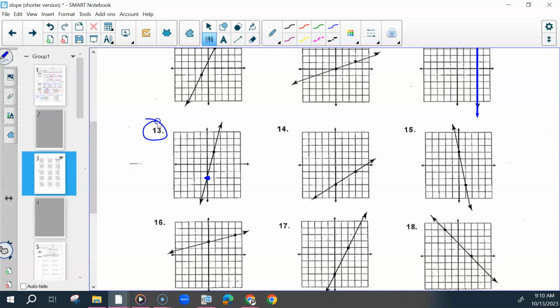Any other points? At least one more. One right here.